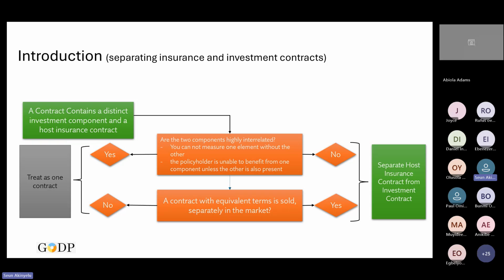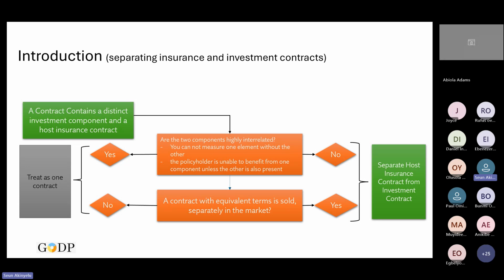If these two things are there, one, they are highly related, and there's no kind of contract that is sold separately like that, i.e. the investment contract is not sold separately without the insurance contract, then you will be looking at treating them together as one particular contract.